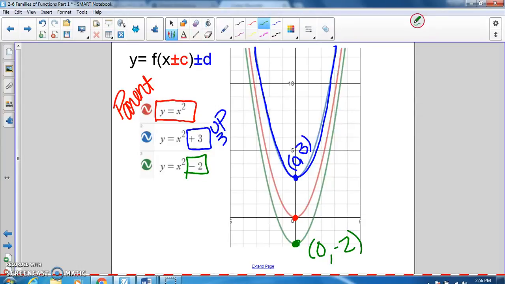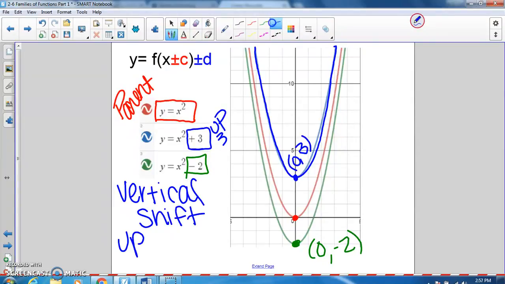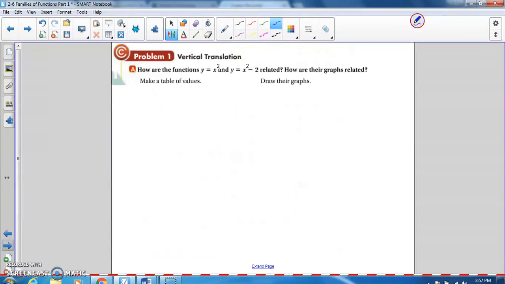So this is a vertical shift, and we can move up or down with our vertical shift. We want to know how the function y is equal to x squared and y is equal to x squared minus 2 are related. We want to think about how their graphs are related.